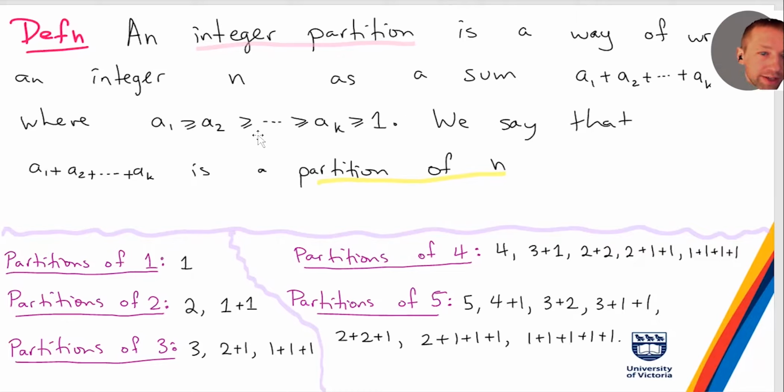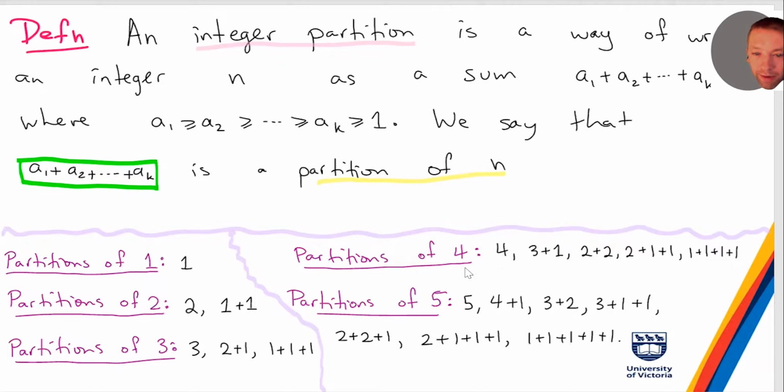So all the numbers are at least 1, and they come in decreasing order. The notation I'll use for a partition is just the sum. So I would say that a1 plus a2 plus dot dot dot up to ak is a partition of n.